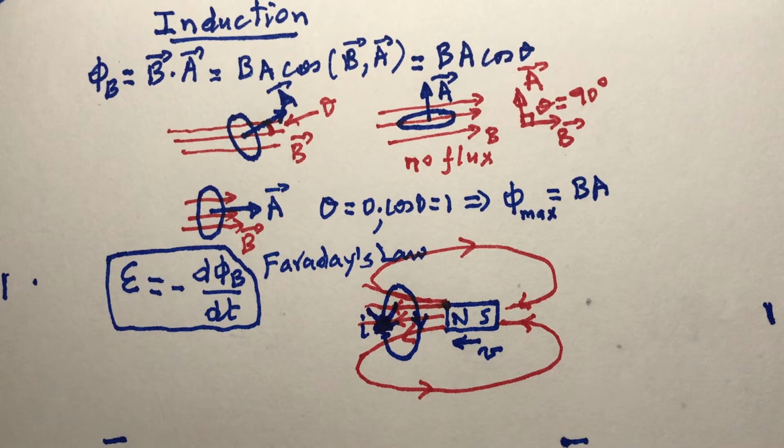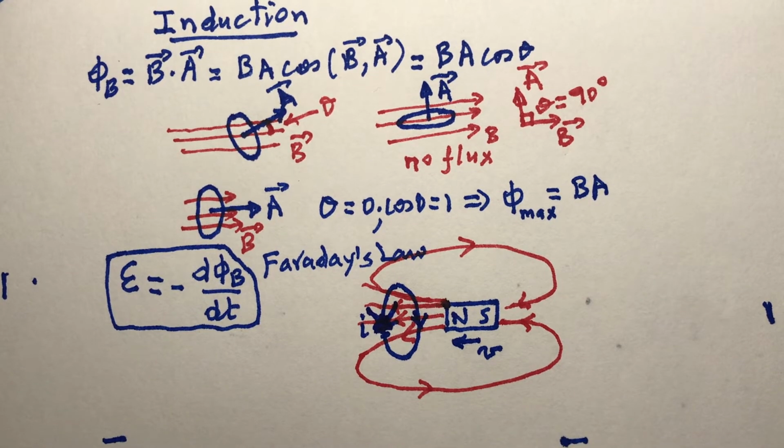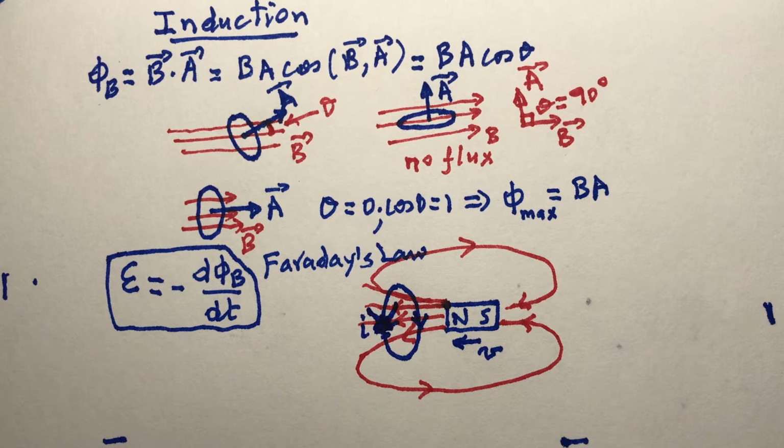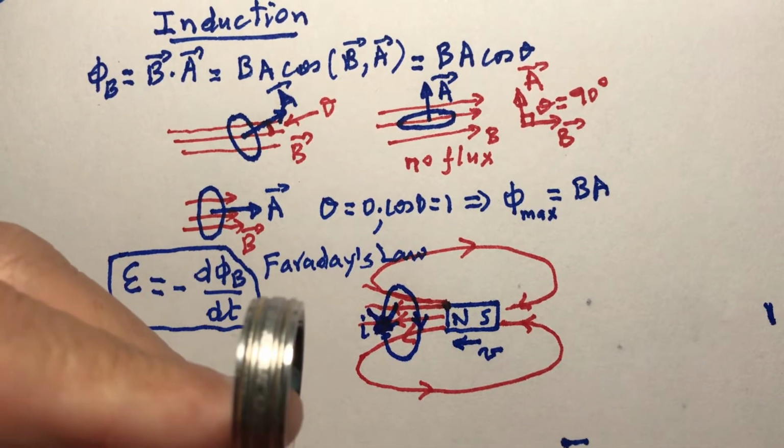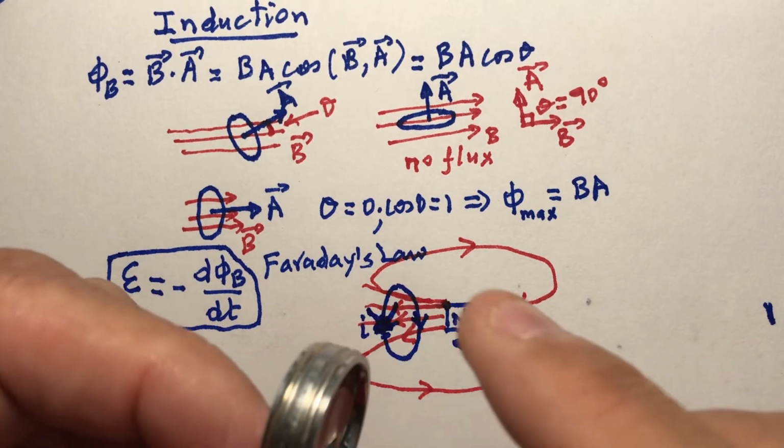So let me get a ring to show you. Hold on. So I don't know if you can see. Yeah, here is the ring. You see the ring?